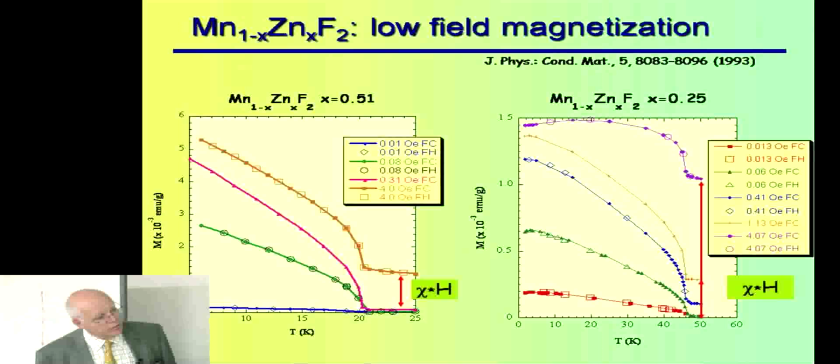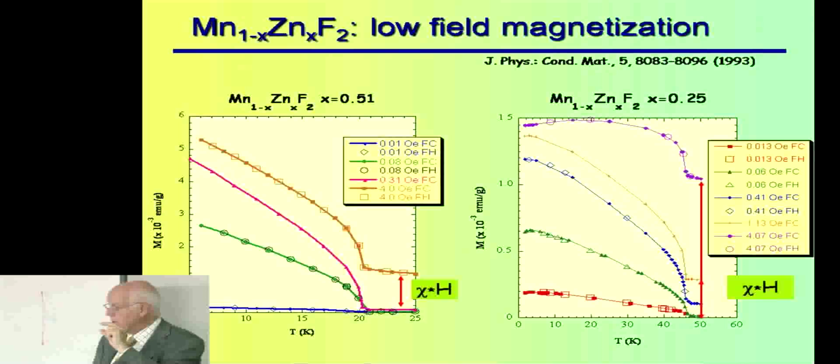And this value, because we plot all together, is in fact the susceptibility times this little magnetic field. So that tells you that this value of the magnetization is very low. We are measuring something really very small.